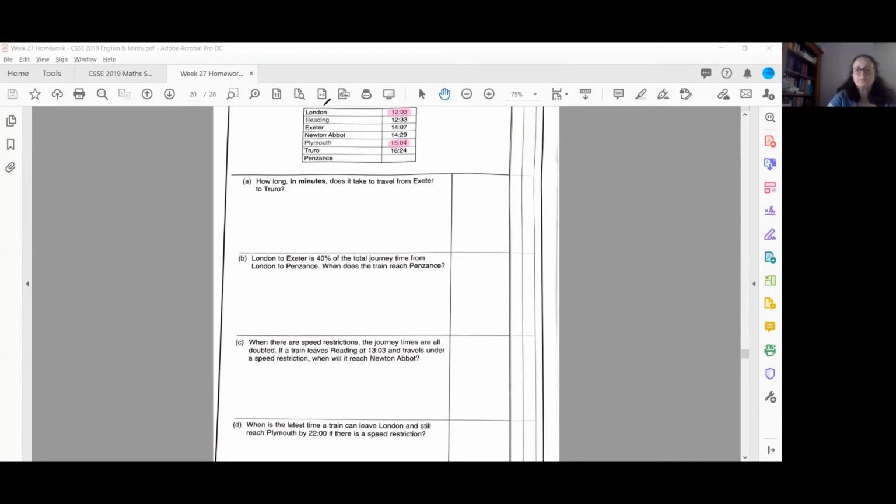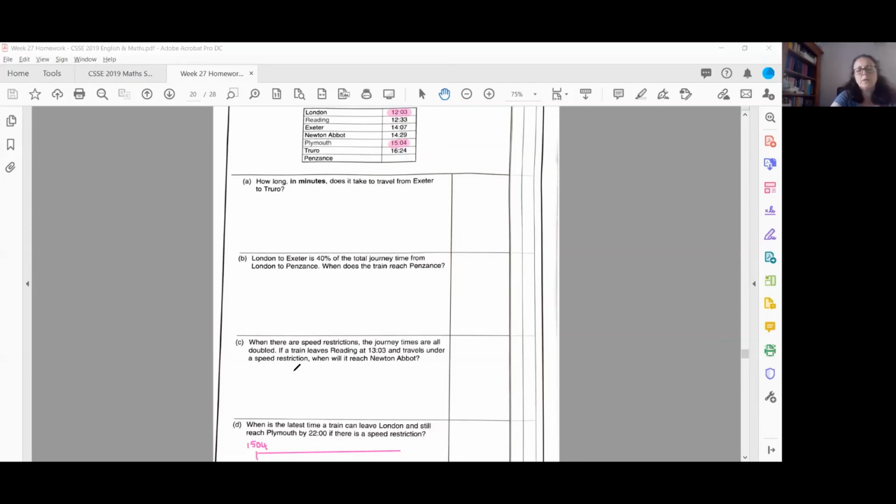So if we come down here again, draw yourself another timeline. Okay, so hopefully you'll have a bit more room than I have right now. So we would be departing Plymouth at 15:04 and arriving in London. Oh, sorry, let's do this the other way around.